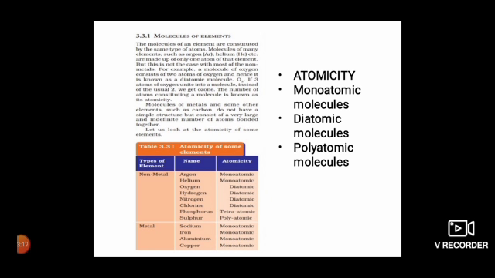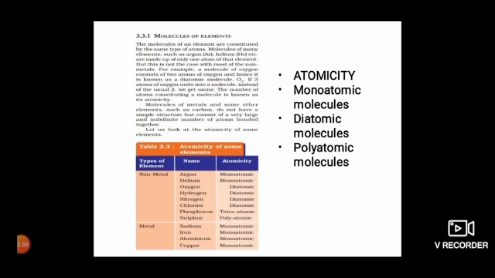Now, diatomic molecules are the molecules which contain 2 atoms. Examples: hydrogen H2, oxygen O2. Two atoms of oxygen are there in an oxygen molecule. Now polyatomic molecules: suppose the molecule contains 3 atoms, then the atomicity is 3; if 4, then the atomicity is 4, and so on.